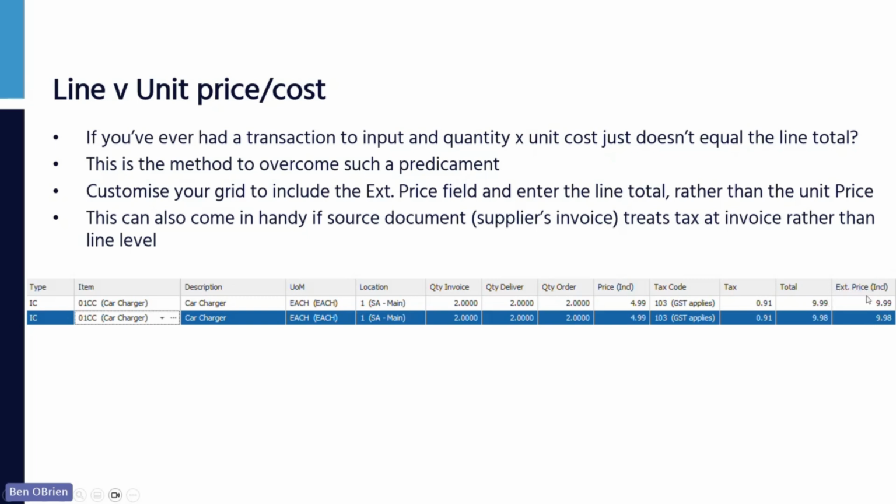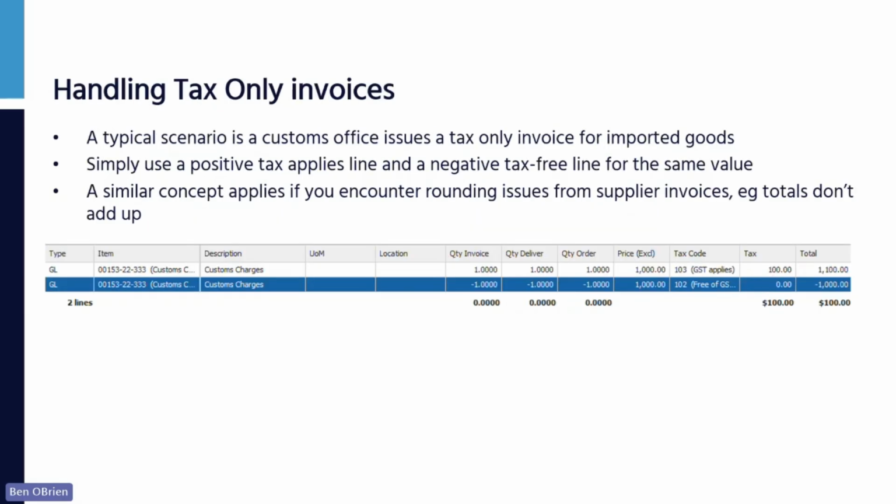So that extended price, when you put it on your grid, not only does that automatically calculate based on the unit price and the quantity, you can overwrite that as well. So if you did want to arrive at that $9.99 for the line because that's what your supplier invoice says, then you can overtype that and that all comes out in the wash. So that's pretty handy to put those line level totals in.